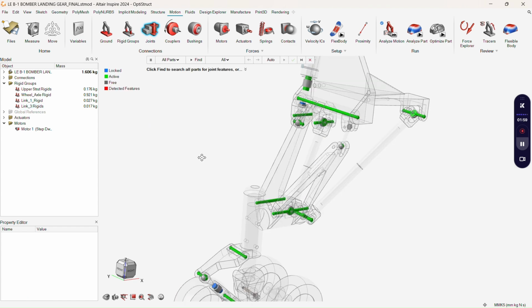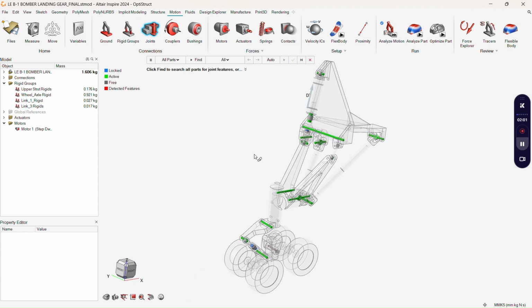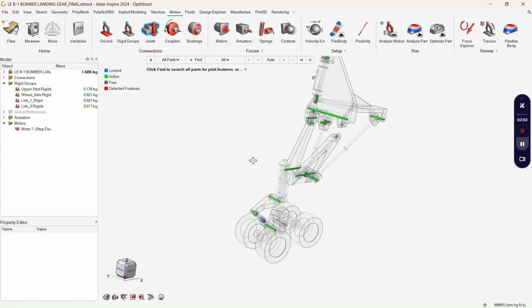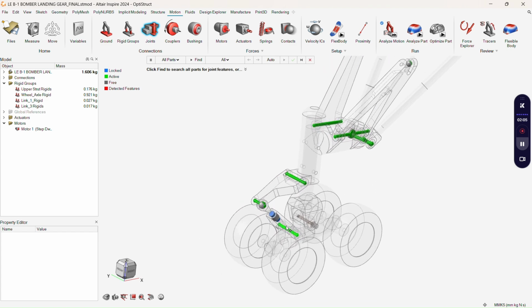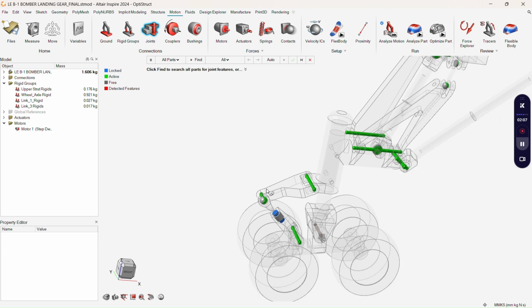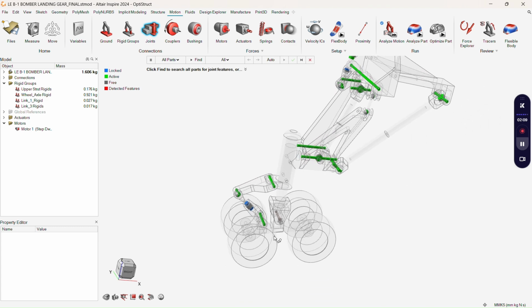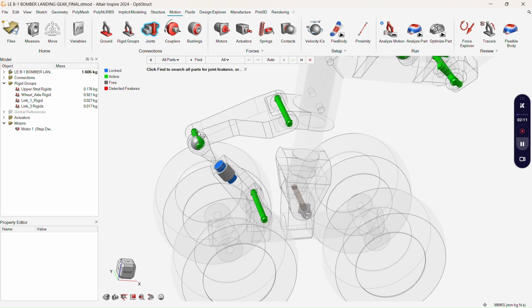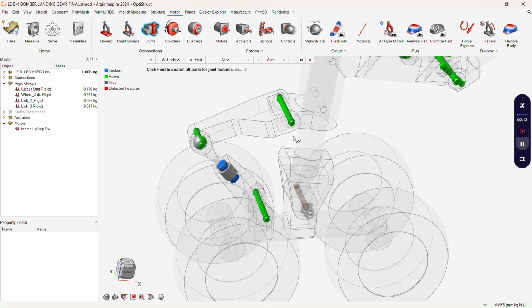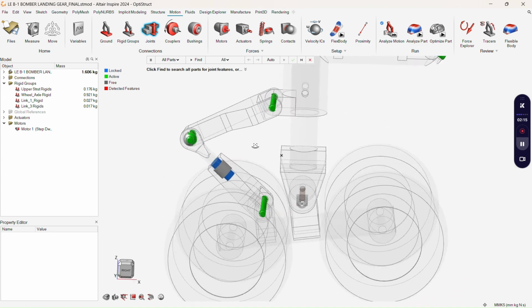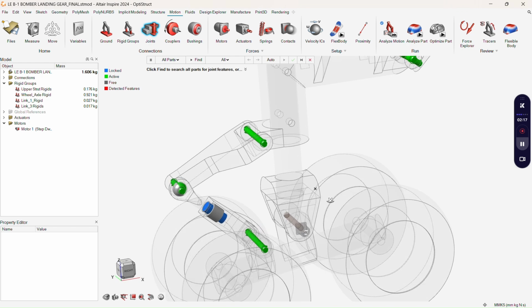Then we will be defining the joints. So in Inspire, it automatically detects all the joints via the cavities and the holes in the CAD. Firstly, here we have the pin joints, which are the hollow cylinders which go through the entire region.